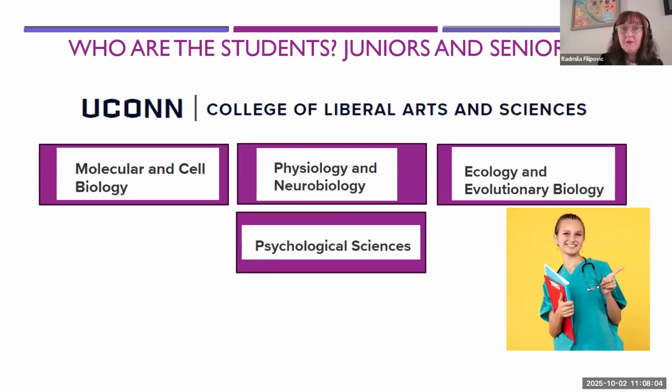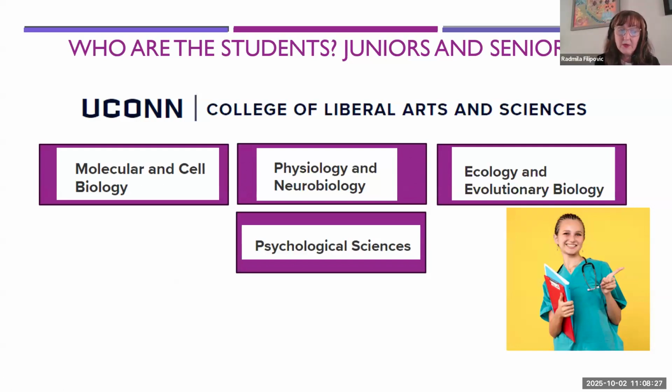So you can think about what kind of students will be interested in taking neuroanatomy, because at the undergraduate level it is covered as part of anatomy and physiology, but it is not taught in great detail.